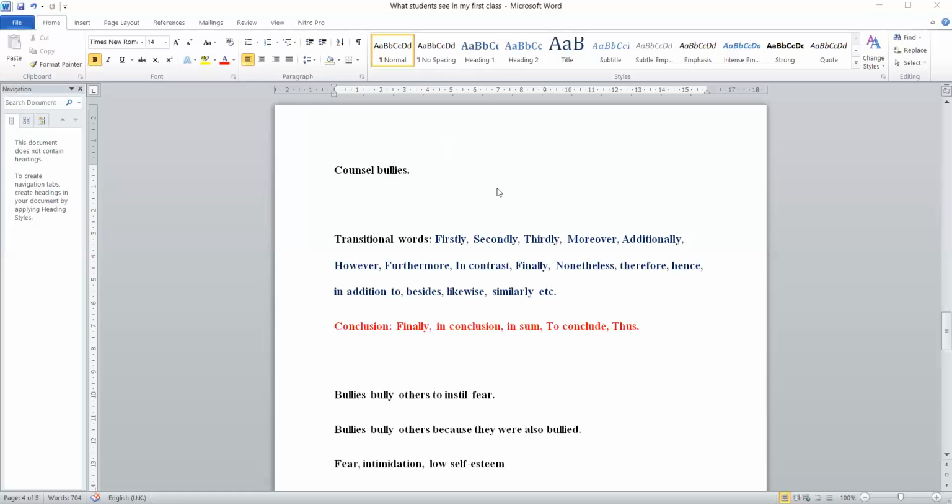What are some of the different types of hooks that might be used in your introduction? What are the different types of hooks that you can use in your introductory paragraph when you're writing an essay?